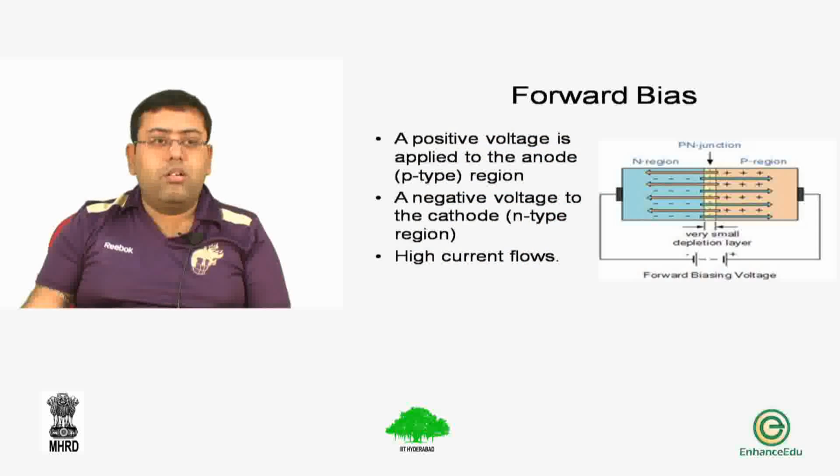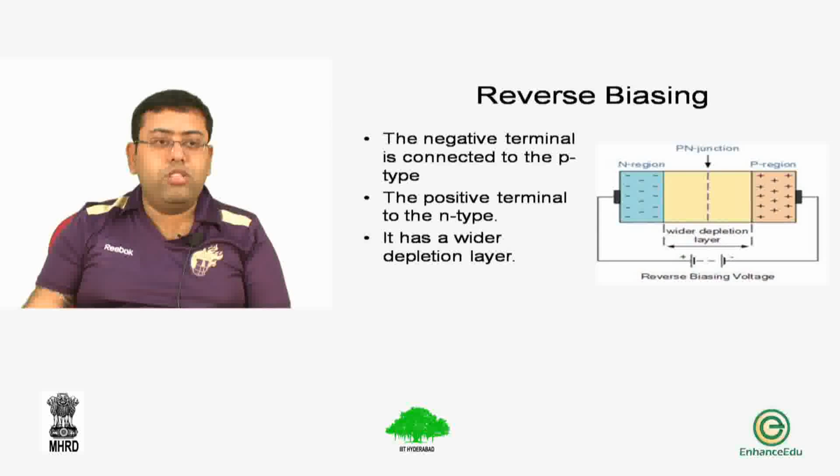And on the other hand, when we apply a negative voltage to the n-type side and positive voltage to the p-type side, there is an increase in the potential barrier leading to a wider depletion region, and because of which it becomes very difficult for the carriers to migrate across the junction and reach the other side. So this is basically the reverse bias p-n junction.